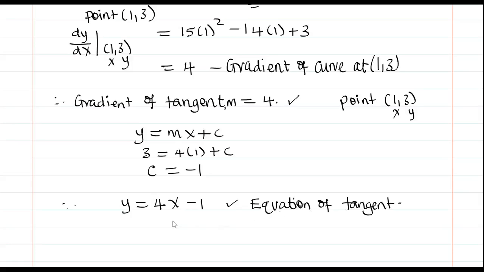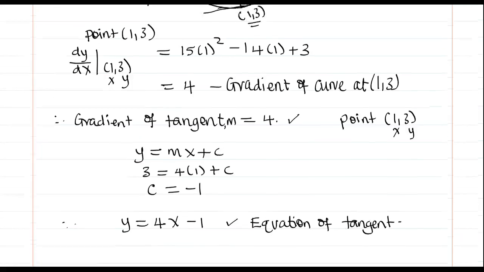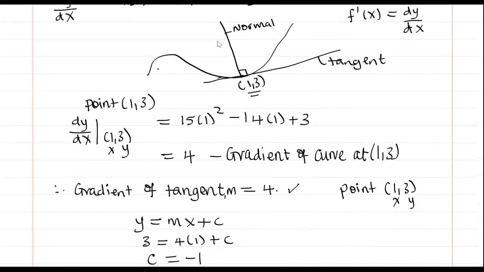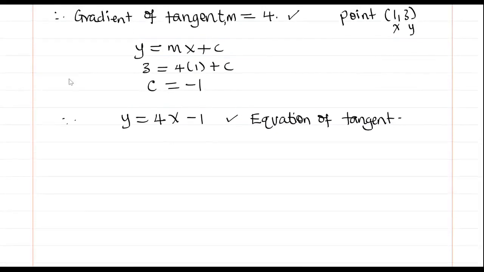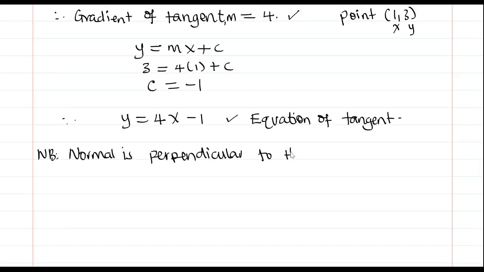Now, how do we get the equation of the normal? Remember, the normal is perpendicular to the tangent. Therefore, the normal and the tangent are perpendicular lines. And what do you know about perpendicular lines?